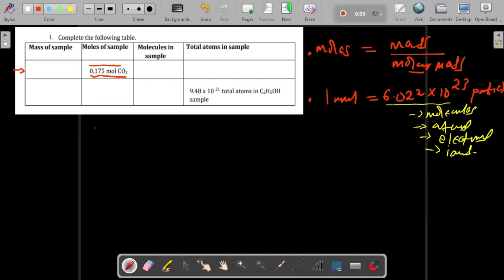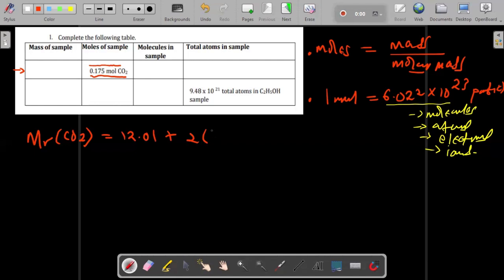So what we need to do here is, first of all, calculate the molar mass of carbon dioxide. The molar mass of carbon dioxide is given by the molar mass of carbon, which is 12.01, plus 2 multiplied by the molar mass of oxygen. Because this oxygen has a 2 there, we are multiplying it by 2.